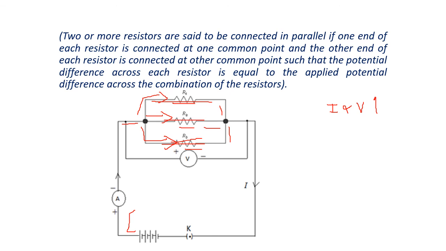Means increasing the voltage, the current will increase, and decreasing the voltage, the current will decrease. The Ohm's law was V is proportional to I, and hence we got V equal to IR, where R is the constant of proportionality, the resistance.